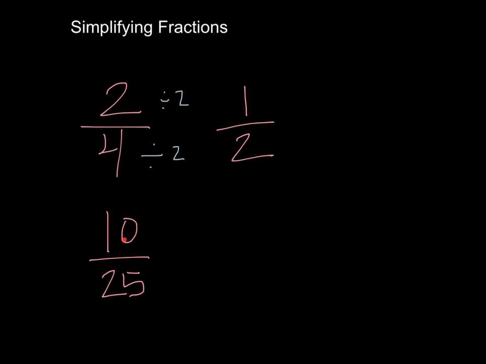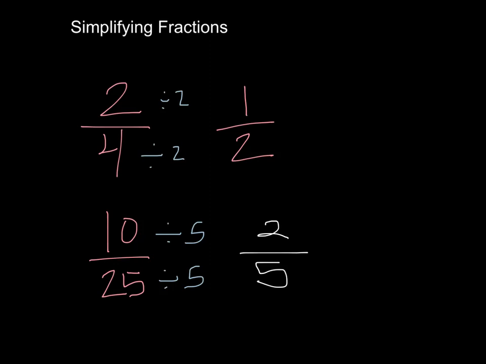But they both end in a 0 and a 5, so that means that they should both be divisible by 5. So if I divide 10 by 5 and 25 by 5, 10 divided by 5 equals 2, and 25 divided by 5 equals 5.